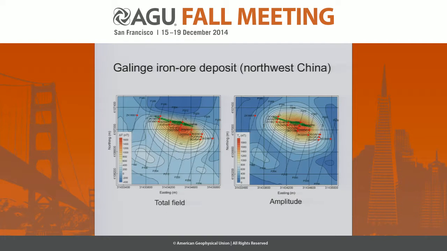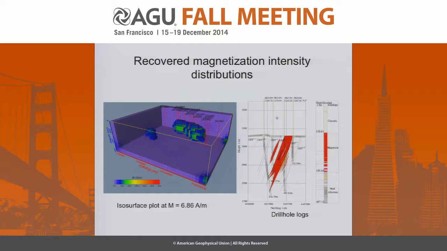Now we use a real example. This example is located in northwest China. The left figure is the total field data, and the right figure is the amplitude data. We test only the third method, the M-ID method, in the real example.